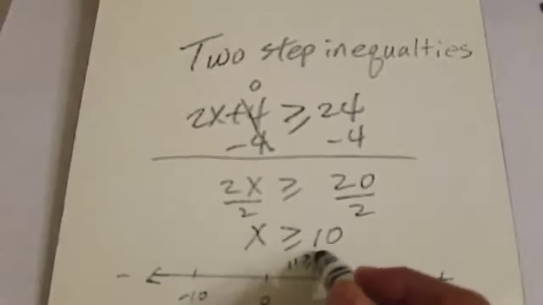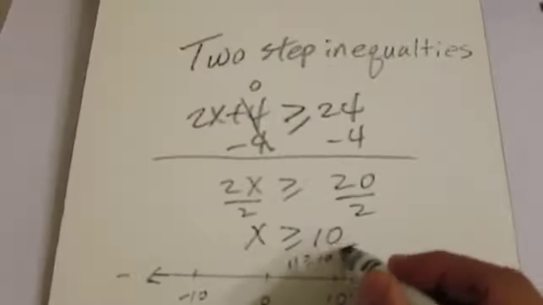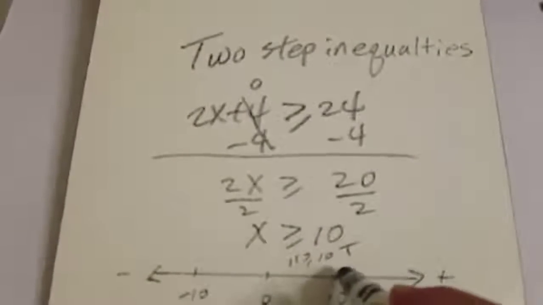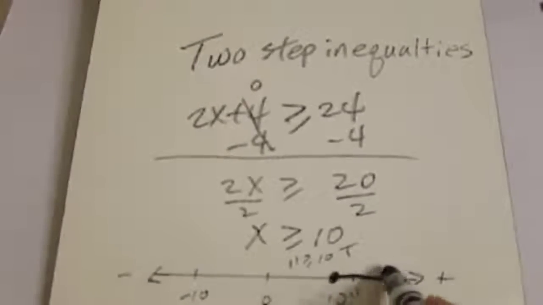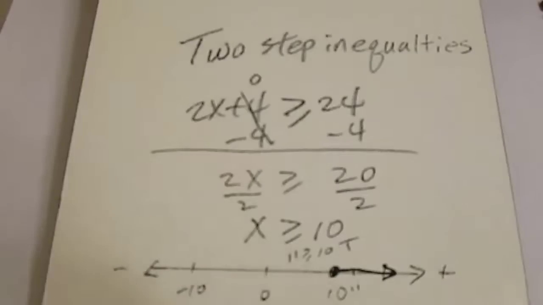So x is always going to be greater than 10, so that is going to be a true statement. So I'm going to go ahead and dot it, and then go to the right hand side. Alright, that's my first problem.